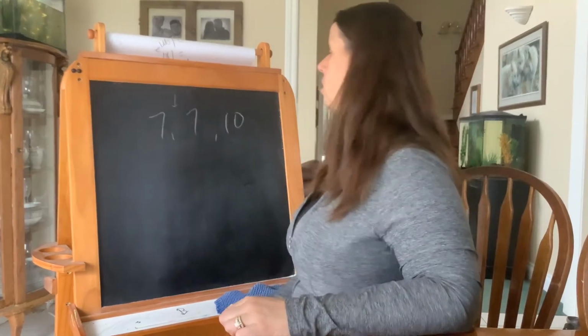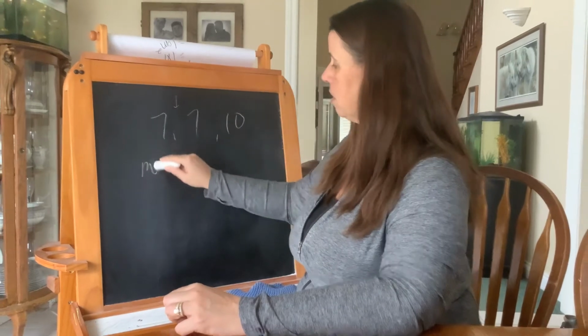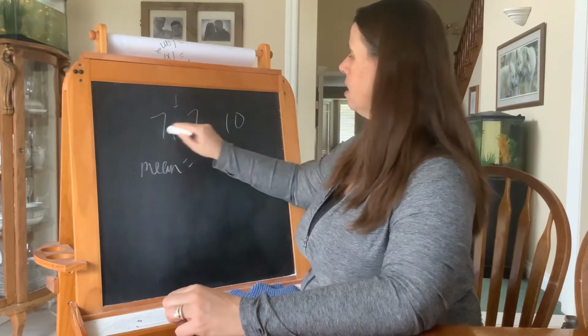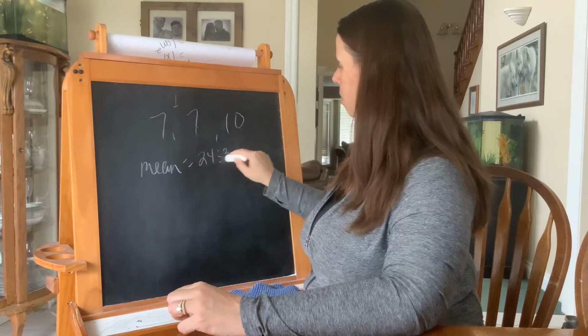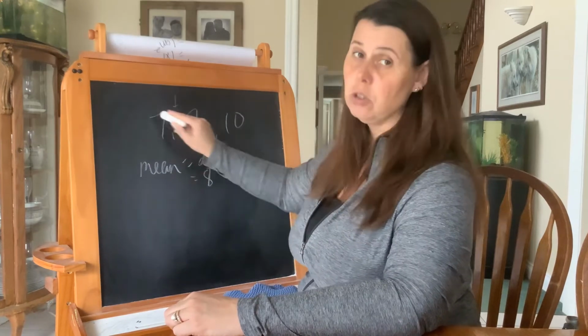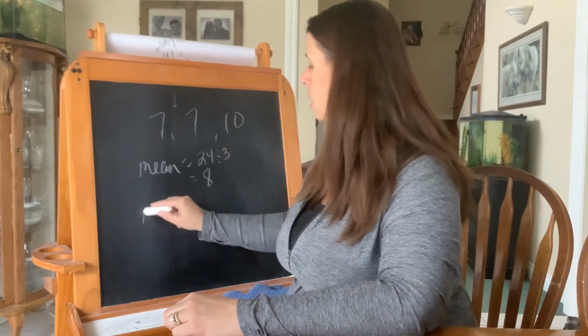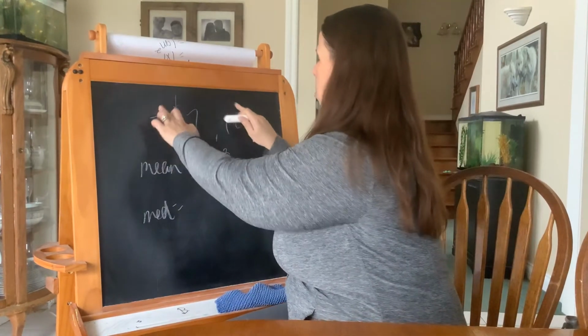All right, so let's see. 7 and 7, let's find the mean first. 7 and 7 is 14, and 10 is 24. Divided by 3 equals 8. Okay, so the mean is now 8. It used to be 7. Median. Well, they're in order, so I'm going to walk in 1.